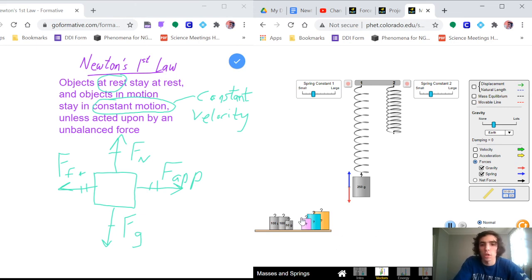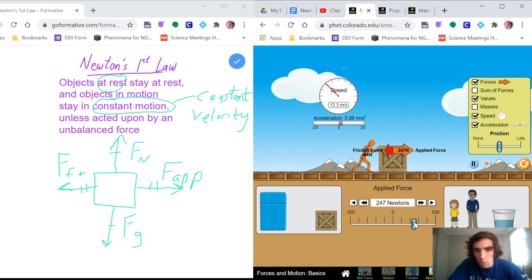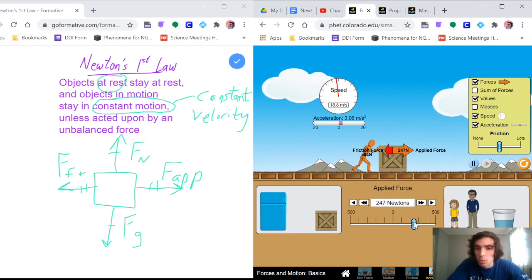So Newton's first law is very applicable. It's not always obvious when it becomes important, but it is always true that objects at rest and objects in motion will stay in their current state unless we have some kind of unbalanced force, like if I strengthened this person's force, now we can see this object speeding up.